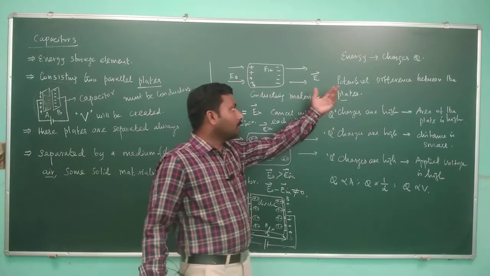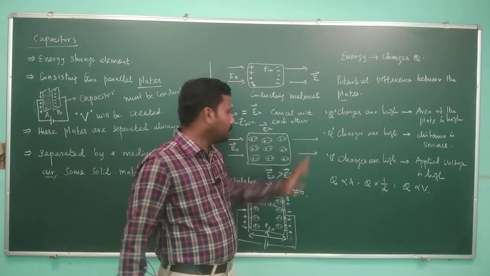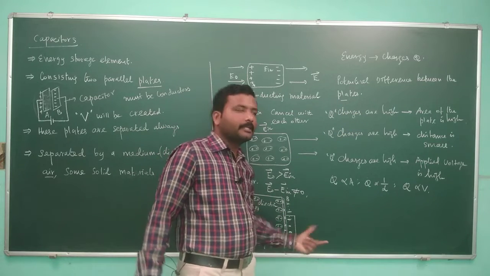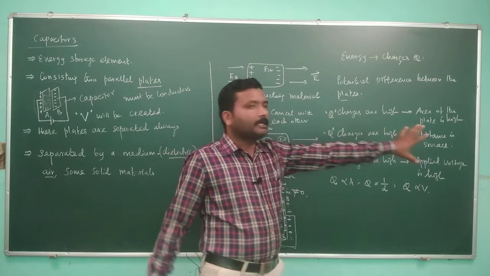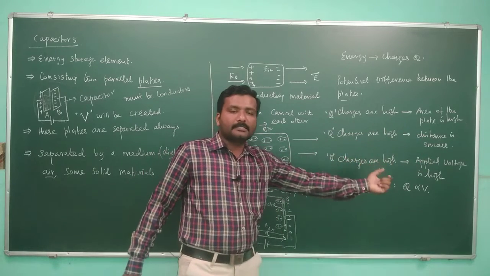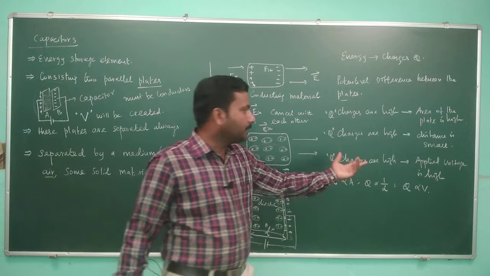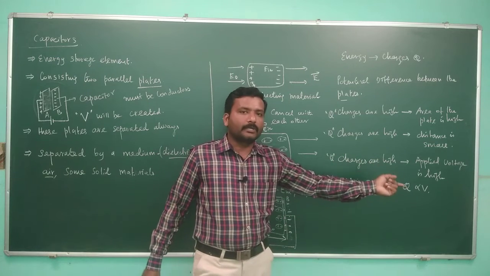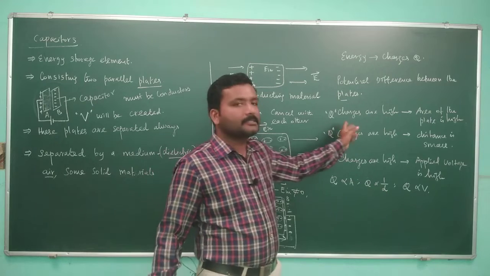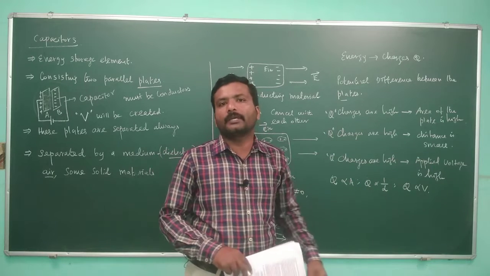So the amount of charges stored between these parallel plates depends upon the area of the plate, the distance of separation between the two plates, and the third one is the applied voltage. Here these charges are directly proportional to area.